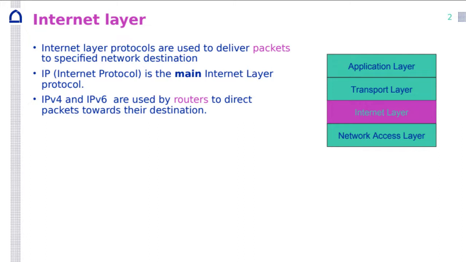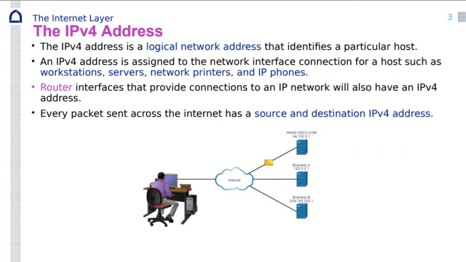IP is the main internet layer protocol. So the main protocol used in the internet layer is IP. We have two types of IP, IP version 4 and IP version 6, used by the routers. IP version 4 is a logical network address. It's used to identify a particular host.